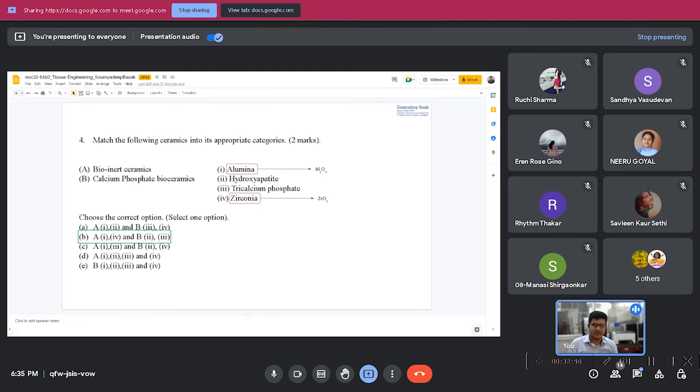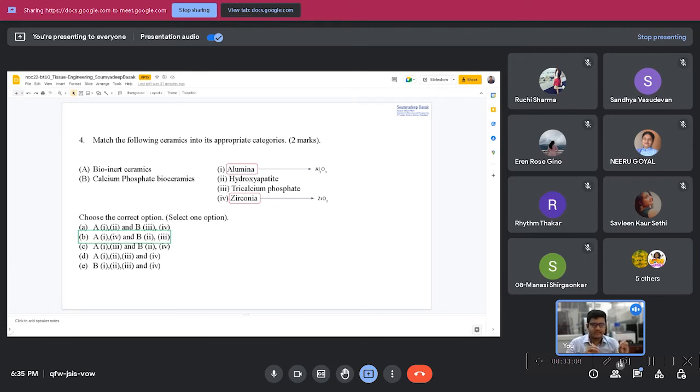So these are the bioinert ceramics. They have very limited effect on the cells or the implant we are providing. And the other one is calcium phosphate bioceramics. That is the hydroxyapatite and tricalcium phosphate. Hydroxyapatite is a form of calcium phosphate.